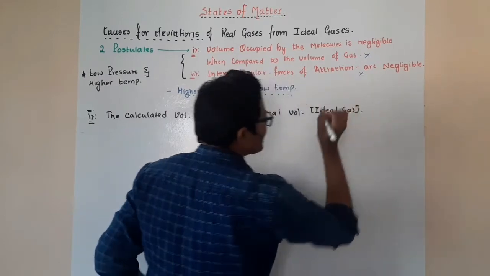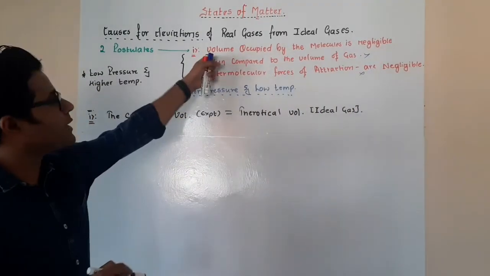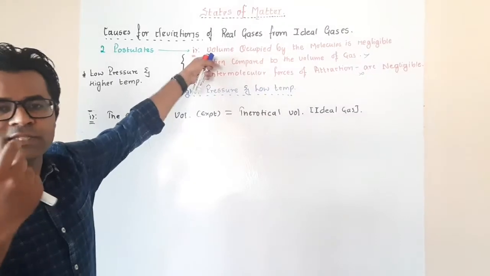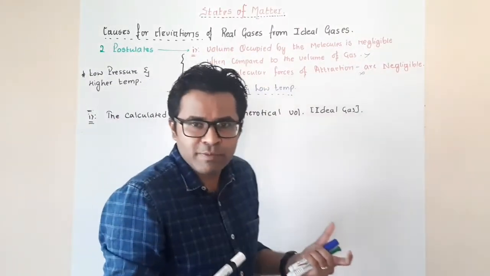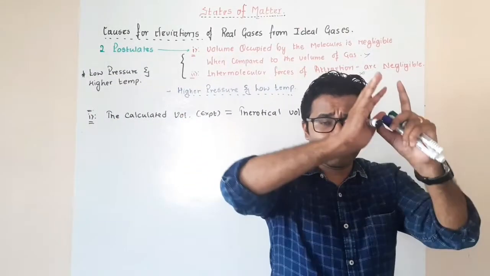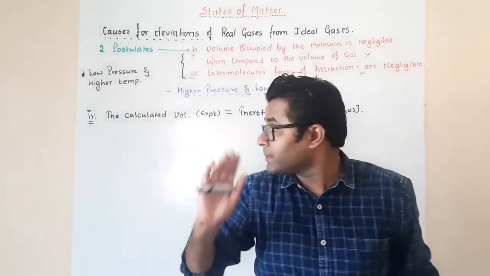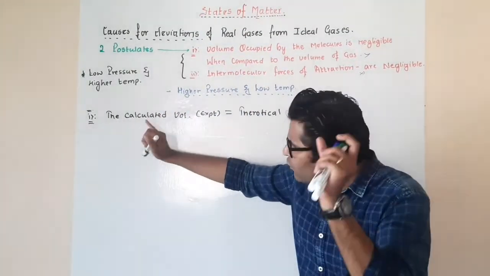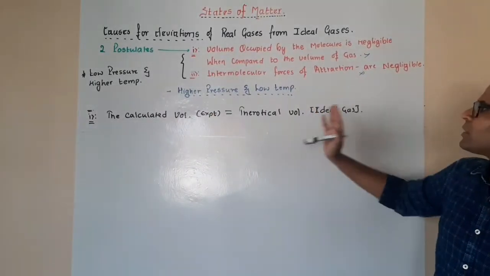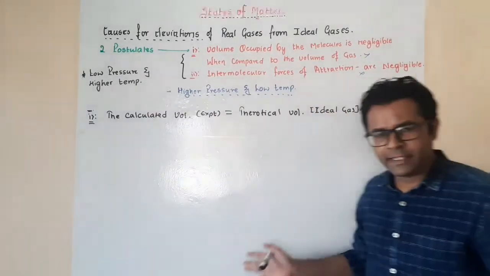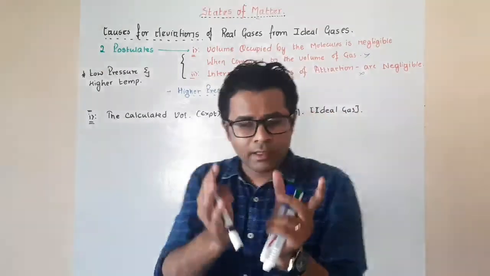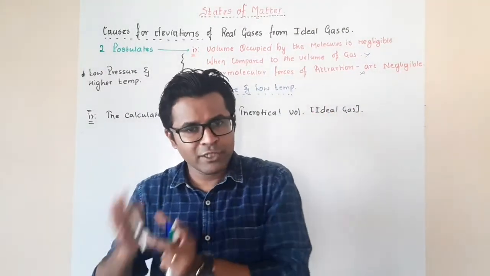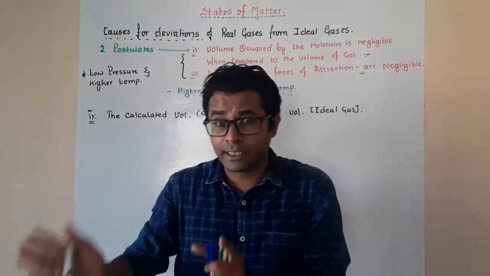So in short, they say that if the volume occupied by the molecule is completely negligible when compared to the total volume of a gas, that means whatever gas I take for the experimentation, that volume should be equal to the theoretical volume of the ideal gases. Okay, at that particular temperature, at that particular pressure. In short, they are saying PV is equal to nRT.